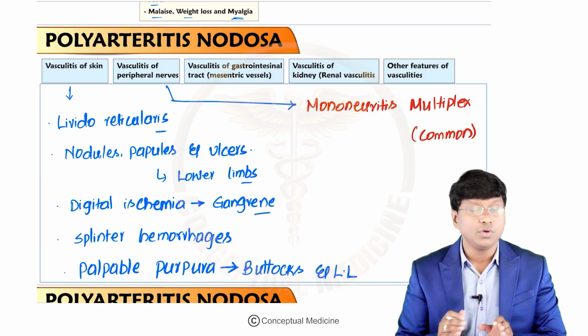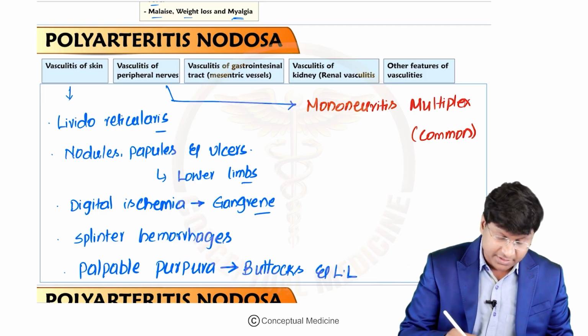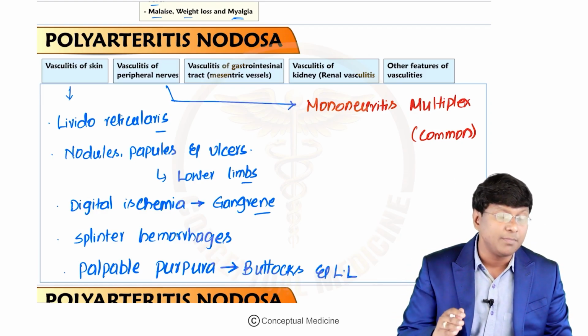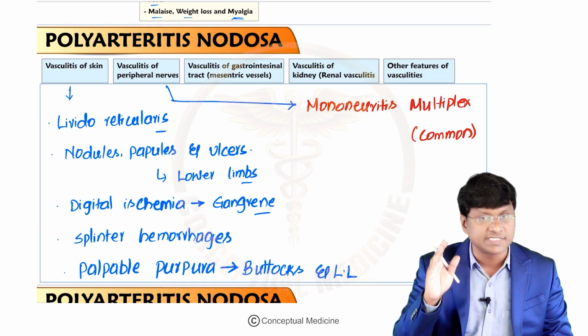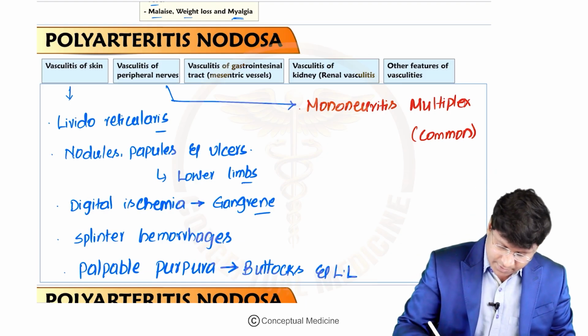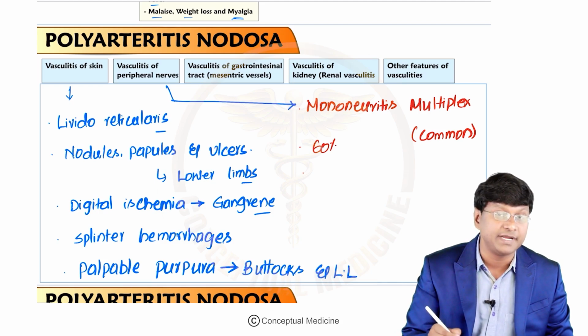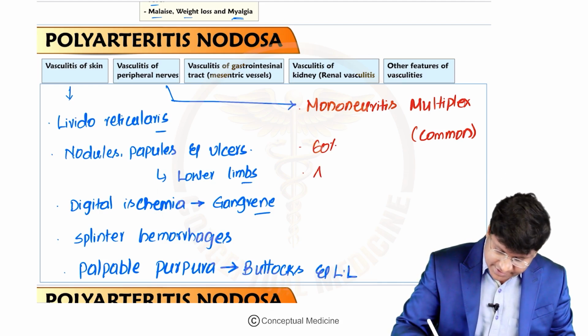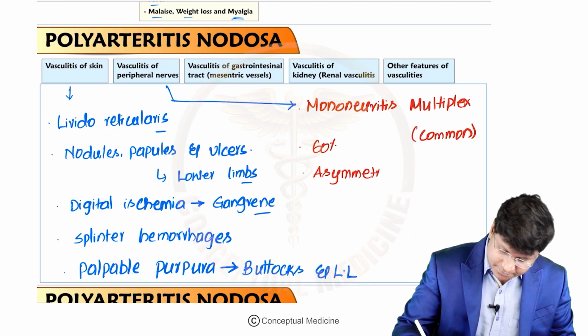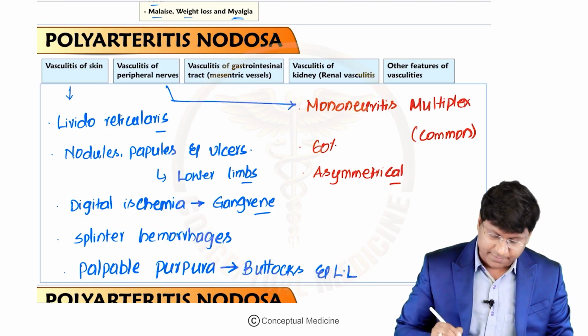So the common manifestation is mononeuritis multiplex, and it is seen in up to 60% of cases. It is asymmetrical mononeuritis multiplex.